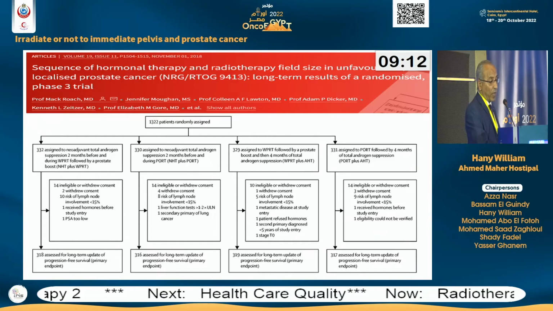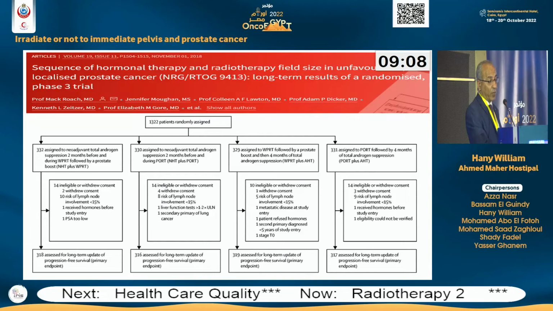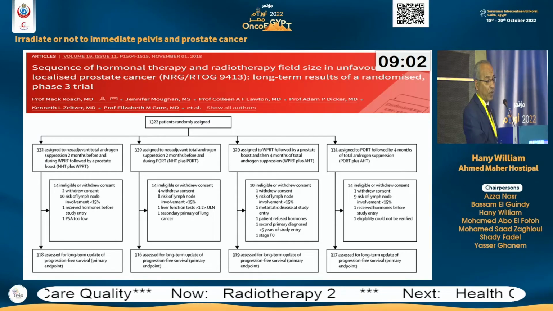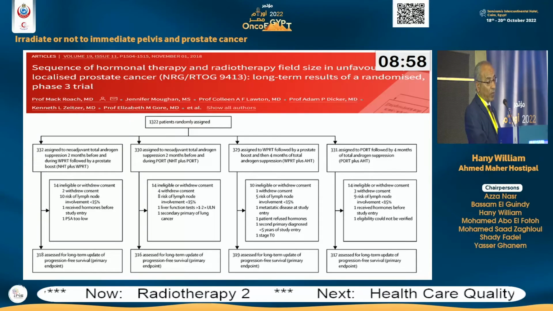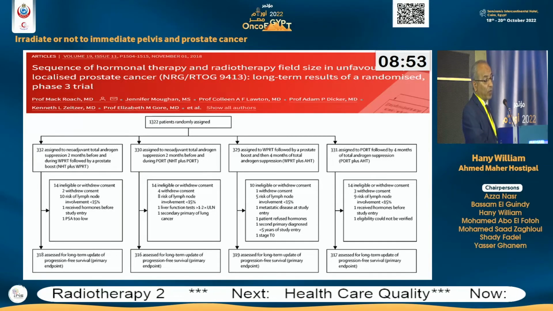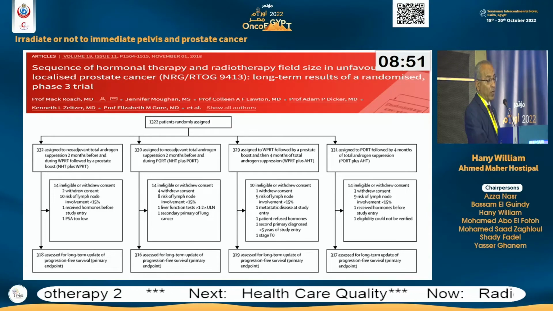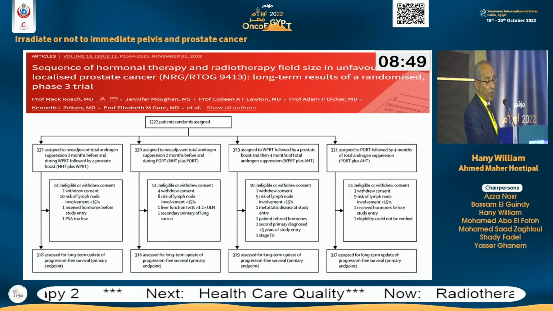In the RTOG trial, the sequence of hormonal therapy and radiotherapy was tested in unfavorable localized cancer with Roche formula risk of pelvic node more than 15%, randomized to 4 arms: neoadjuvant hormonal followed by whole pelvis, neoadjuvant followed by localized prostate, whole pelvis followed by adjuvant 4 months hormonal, or localized followed by 4 months.